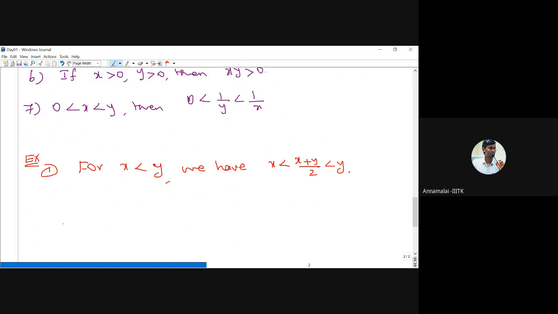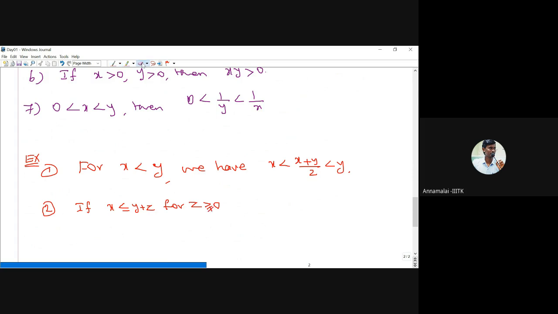Now the second property is very important. Suppose for real numbers, x is less than or equal to y plus z for all positive z. For all z greater than 0, this is satisfied.